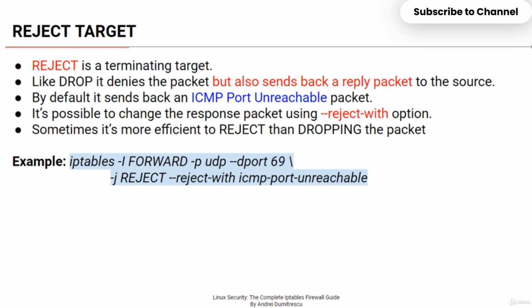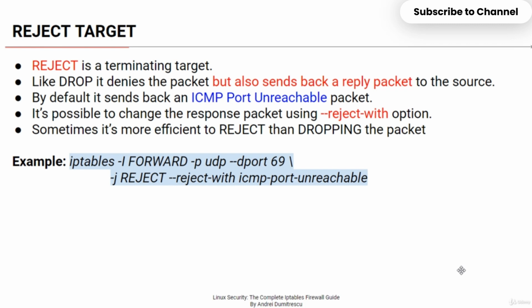By default, it replies with an ICMP port unreachable packet, and it's possible to specify the response packet using the --reject-with option. Maybe you wonder why it's necessary to use REJECT when we have DROP that silently drops any packet matched by the rule.